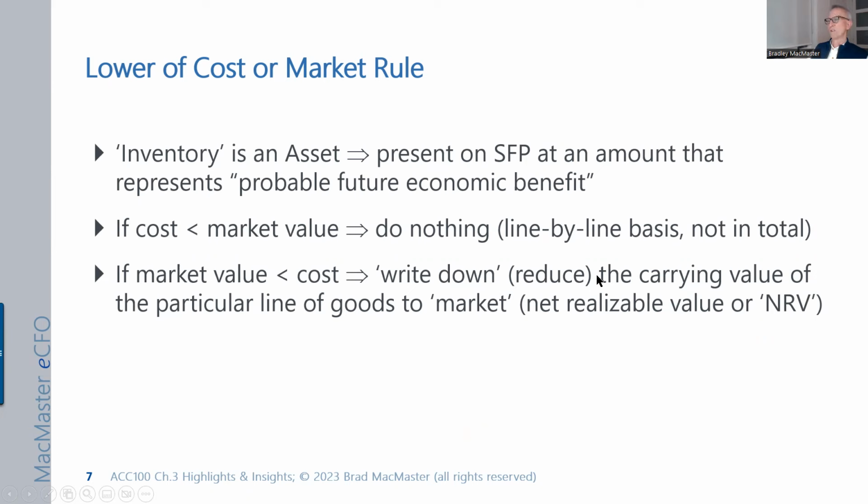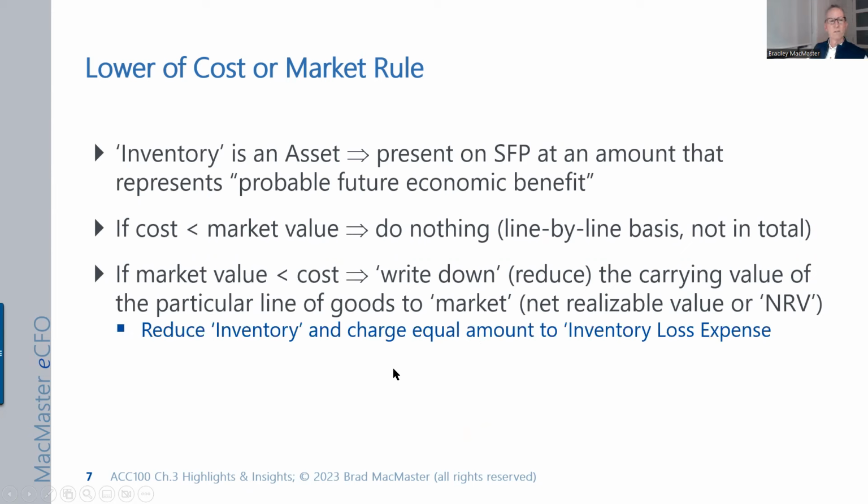In other words, reduce the amount we present on the statement of financial position to its net realizable value or market value. So this means we're going to actually bring down the value we present on the balance sheet for inventory, and we're going to charge an equal amount to our inventory loss expense on the income statement. So that will increase that expense, which will reduce equity.